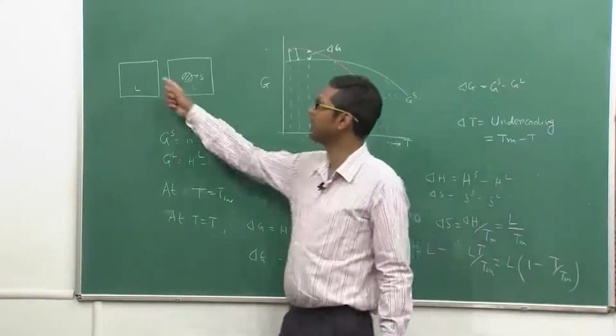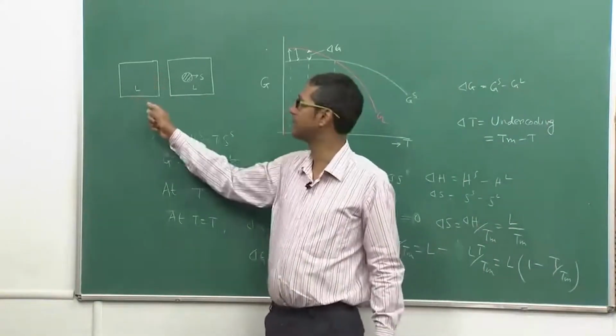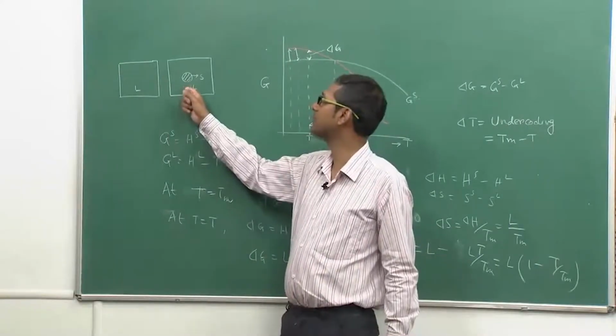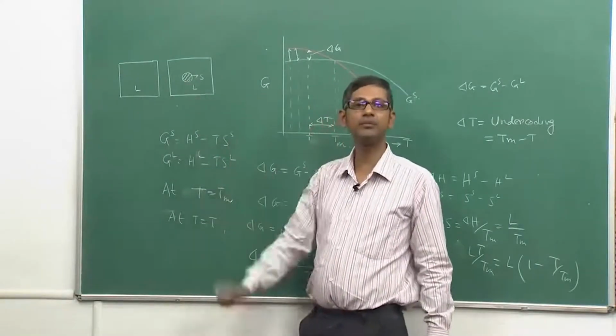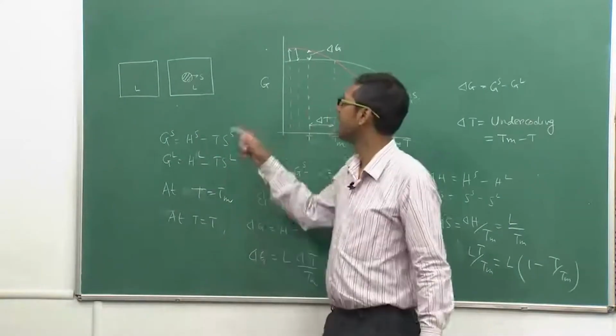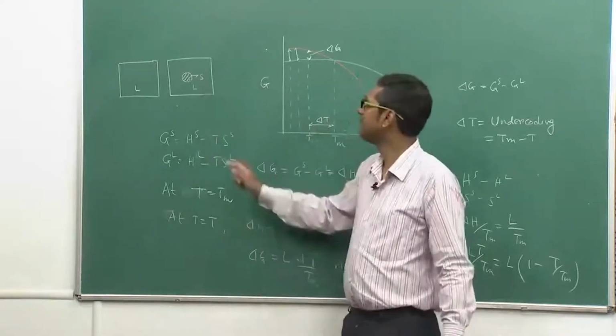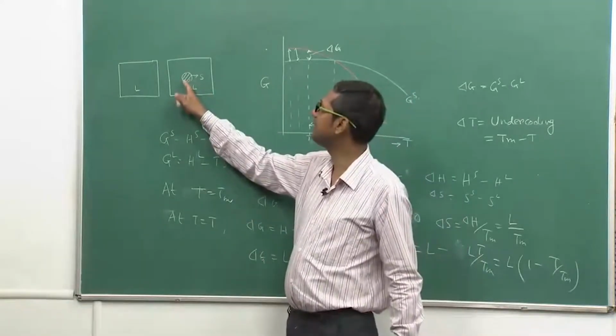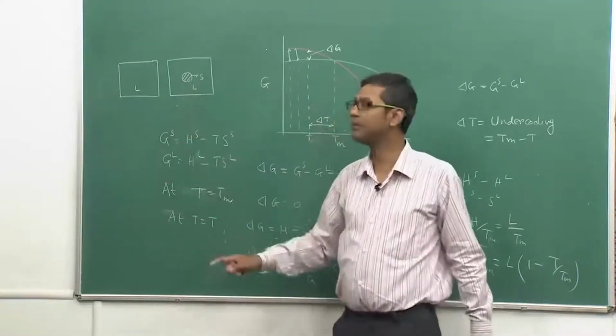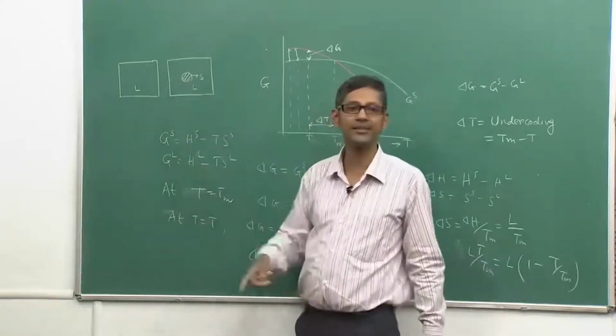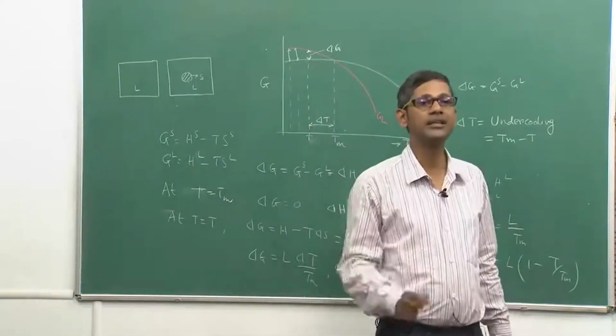Looking at it a little differently, initially I have a complete liquid. Then a very tiny piece of solid has formed in the liquid, and because of that there is an interface between solid and liquid. Remember, the solid I have drawn with hatch lines will be crystalline in nature.